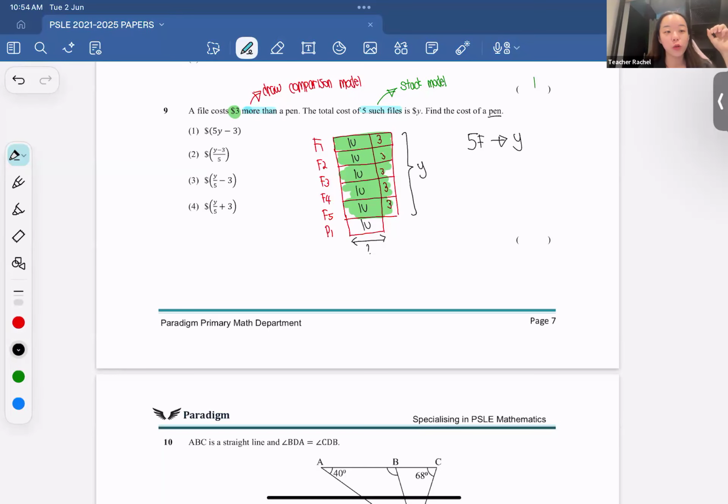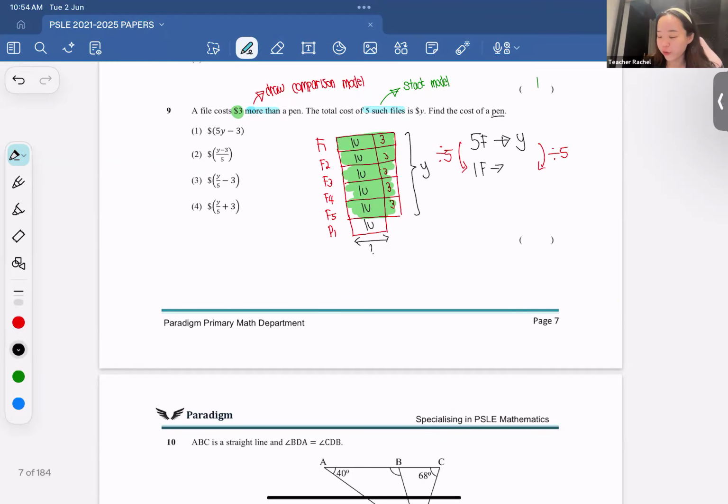So if I want to find one file, what do I do? This is like units. To find one file, I need to divide by 5, and over here I also need to divide by 5. So what do I get? I will get Y over 5. Correct.